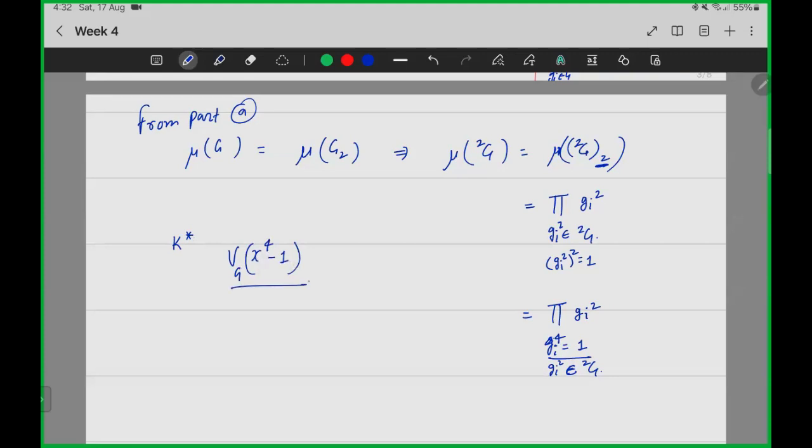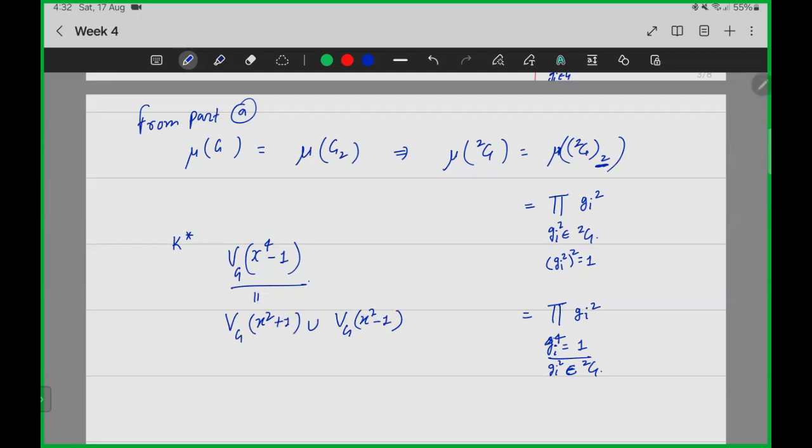Yes. So this product can go as large as 4. That's all. But if you see, this is nothing but the zero set of these two, x square plus 1 and x square minus 1.